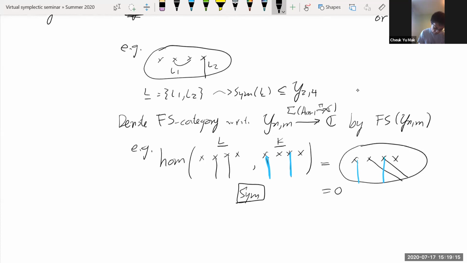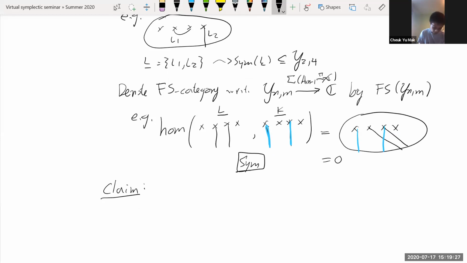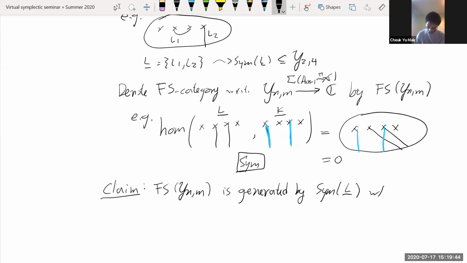And then for this Fukaya-Seidel category, it is again generated by Lagrangian thimbles. And the Lagrangian thimbles, we claim, are simply the products of thimbles, Sym L, where L is a collection of thimbles.